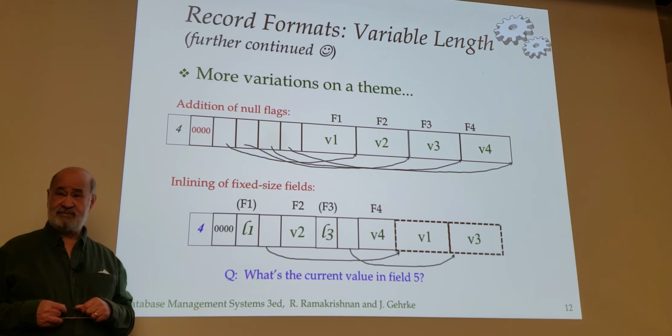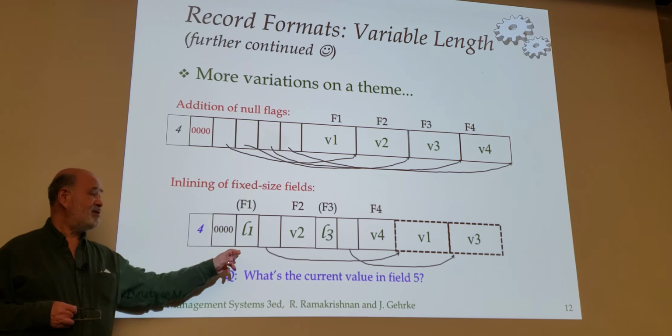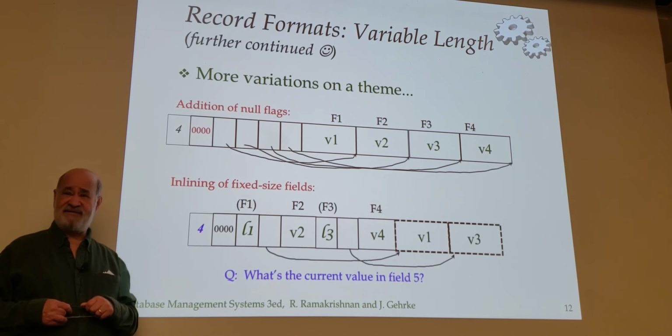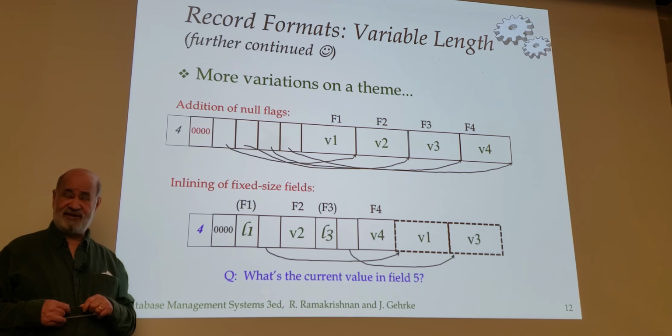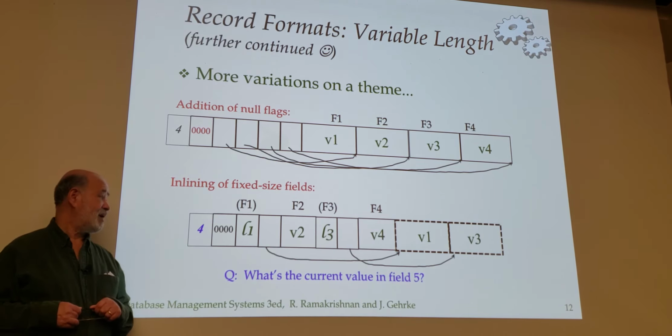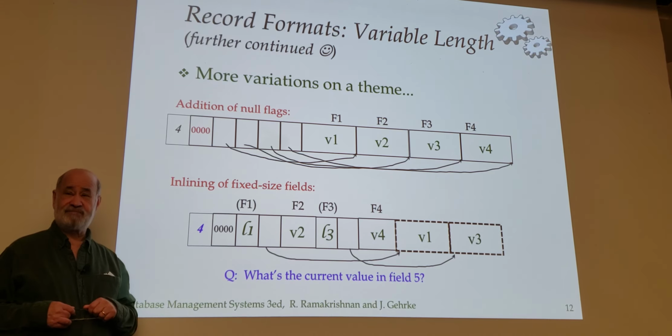What we're going to do is have fixed length stuff at the beginning of the record. There are two kinds of fixed length stuff: the fixed length stuff that describes the variable fields, and the fixed length stuff that describes the fixed length fields. What do I put as a fixed length field for something that is variable length? I put 2 values.